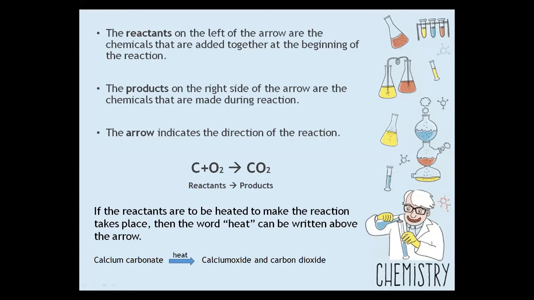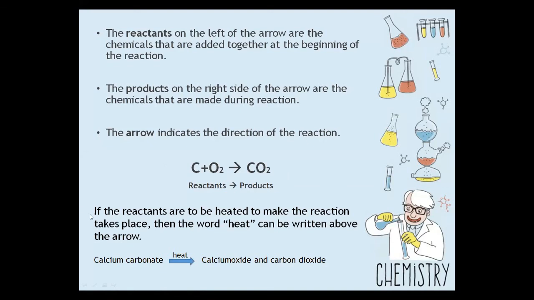Yes, you can see in this equation, when carbon reacts with oxygen molecule, 2 atoms of oxygen, the product is carbon dioxide. So on the left side, carbon and oxygen, these are the reactants, and on the right side, carbon dioxide, this is the product, and the arrow shows the direction of the reaction.